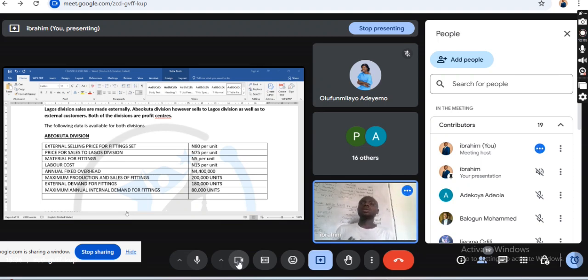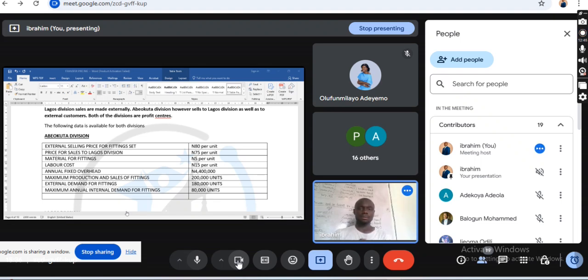You want to motivate the divisional manager and, for the purpose of goal congruence, the organization as a whole, to maximize profits. Materials that Abeokuta will use for fittings are 5 naira per unit, which is part of costs.